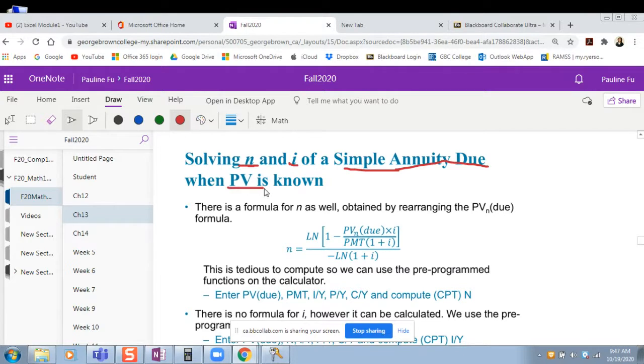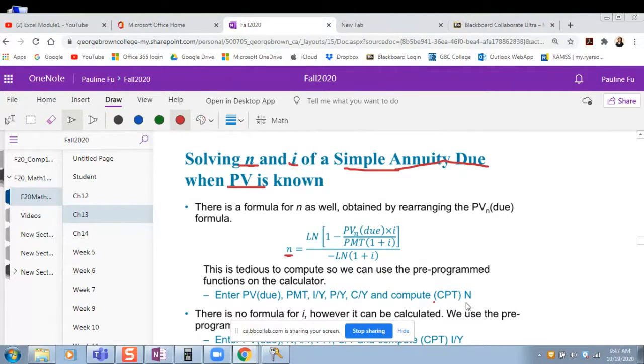We assume PV is given. When PV is given, this is the formula for N, the term. This is a very tedious task, so usually we are going to use the calculator.